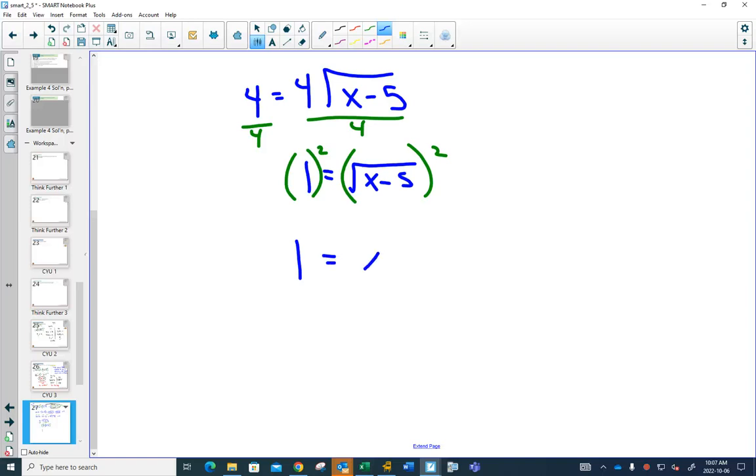And this side is now just x minus 5. Can you solve? Yes. Can add 5 to both sides. And we get x equals 6.